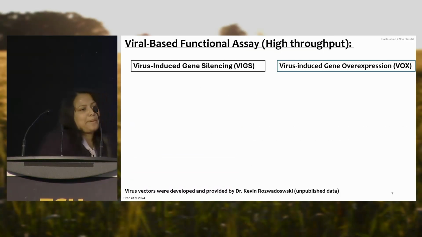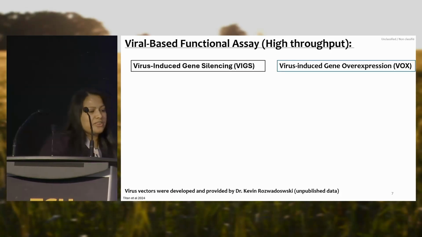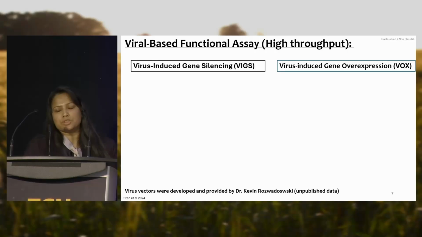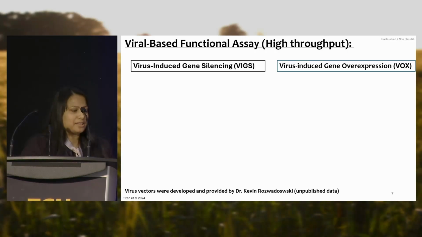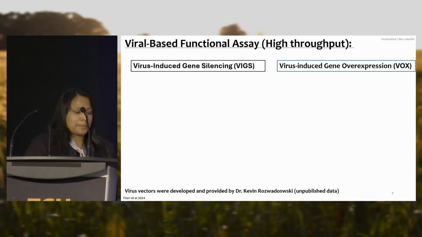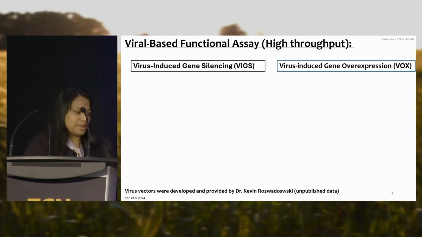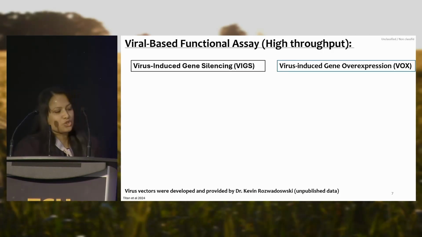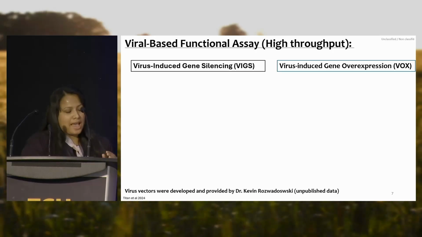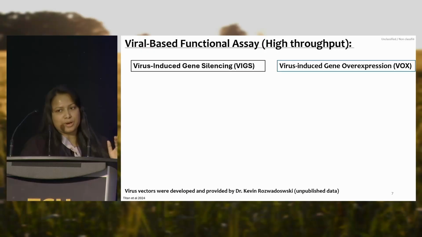Now we have candidate genes, but as we have so many, we are looking for a rapid and high-throughput method. We know virus-based functional assays have been used as a rapid, high-throughput method to study gene function in the model plant Arabidopsis. This method is sometimes not applicable to all plant species, and we did not have such a method for Brassica.